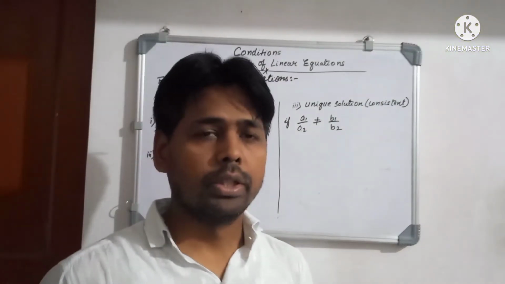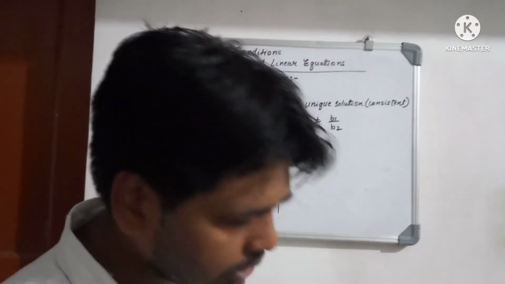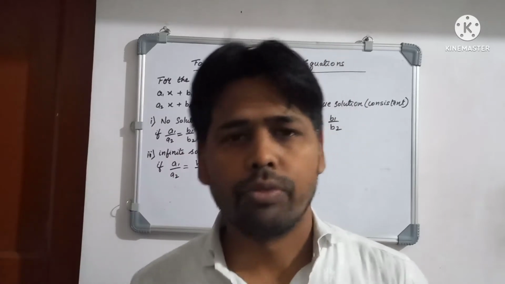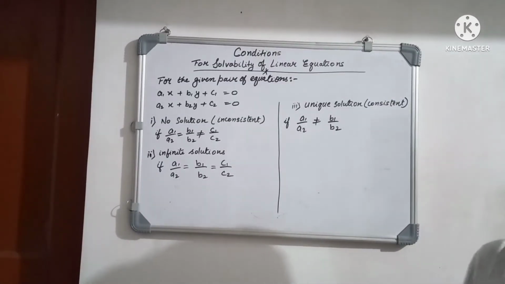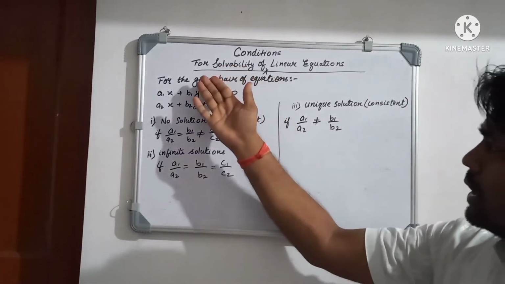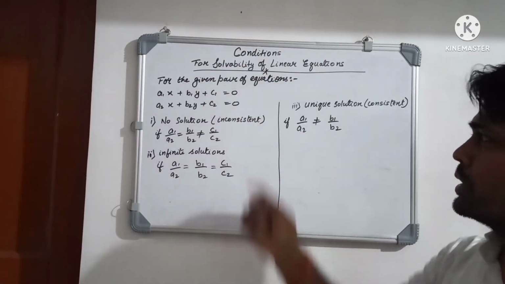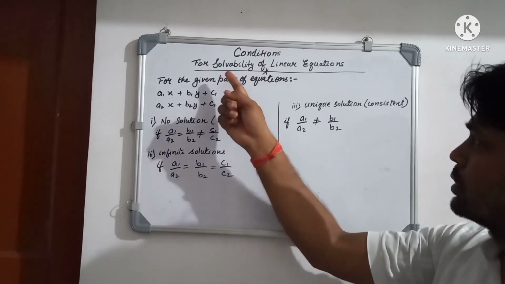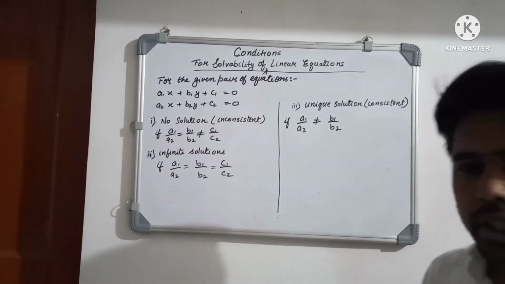Let us talk about the conditions that will help us find the solution of a given pair of linear equations. These are also known as the conditions that help us identify the solvability of the linear equations.